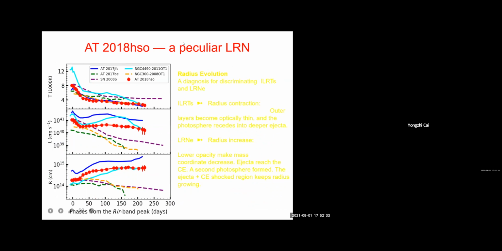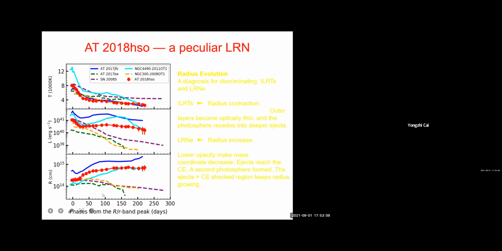We also study the SED evolution of HSO: the temperature declines monotonically, and we compare the bolometric light curves of luminous novae and IRTs. The dashed line indicates the IRTs, and the solid line indicates the luminous novae.